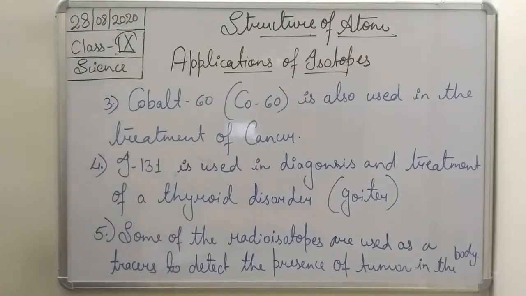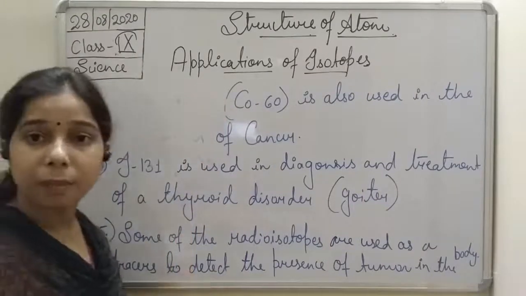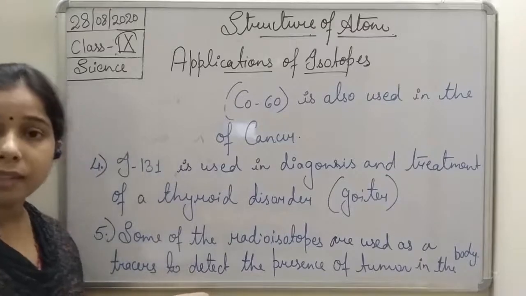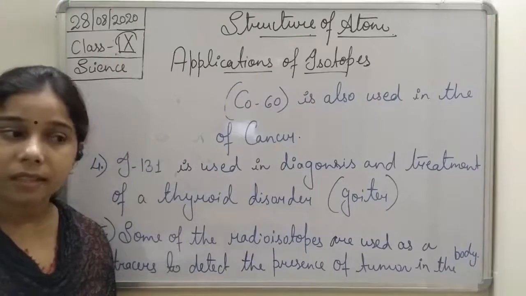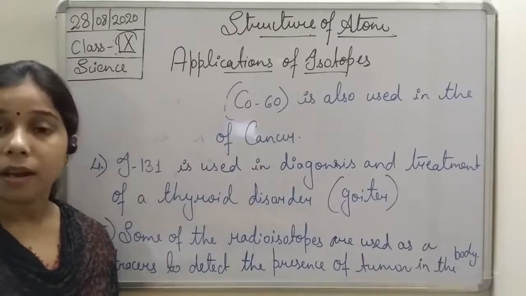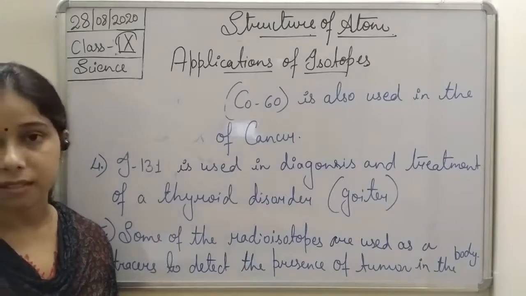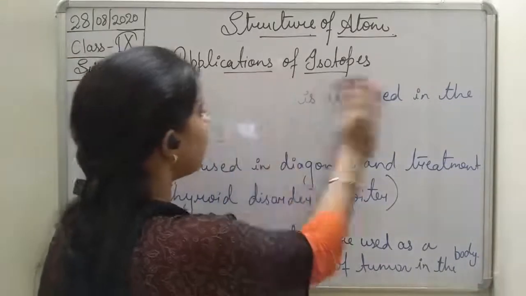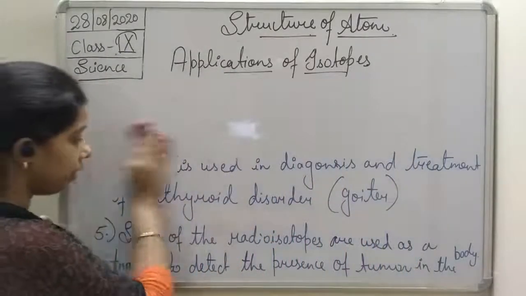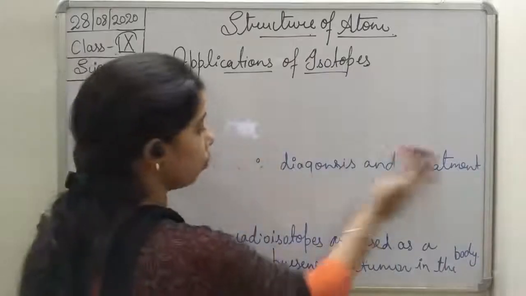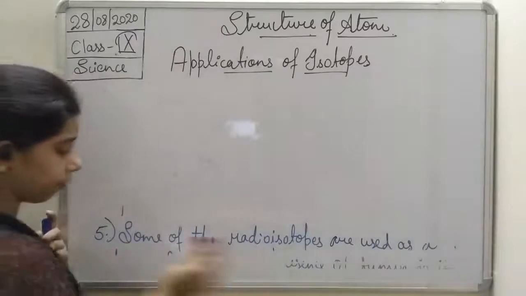Now, there are some radioisotopes including carbon-14. Carbon-14 is a radioisotope, students, which is used in carbon dating. Carbon dating is a method by which we can find the age of fossils. So not only in the medical field or the nuclear field, but it is also used in finding the age of fossils.